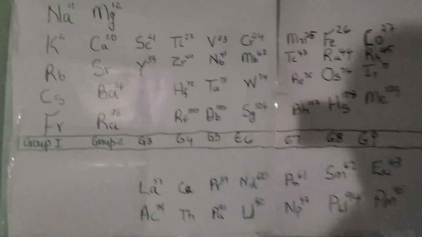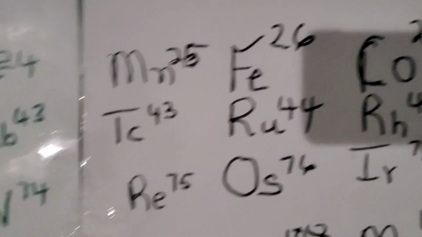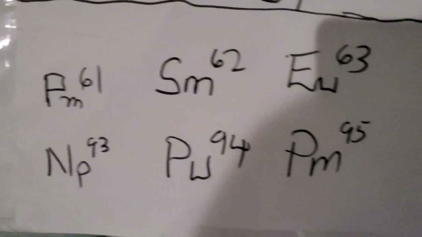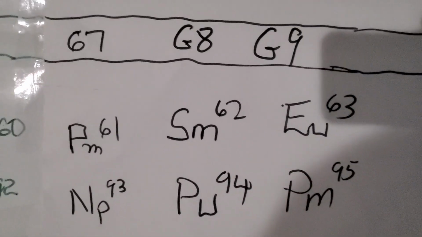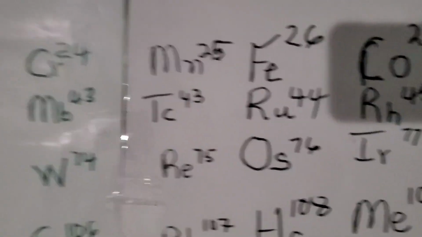Let's take a close-up look. So far, we're focusing on group 8 and 9. And this one has to be corrected here. The atomic number is right, but let's see which one it is.